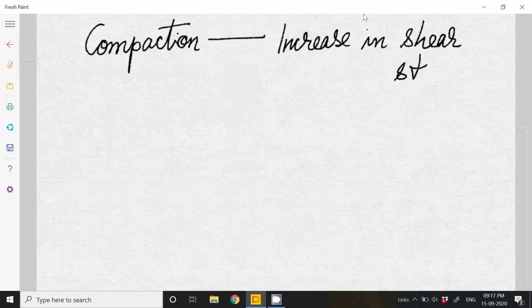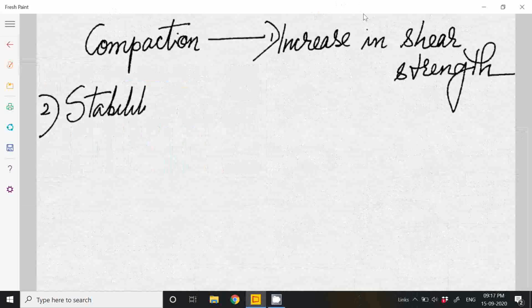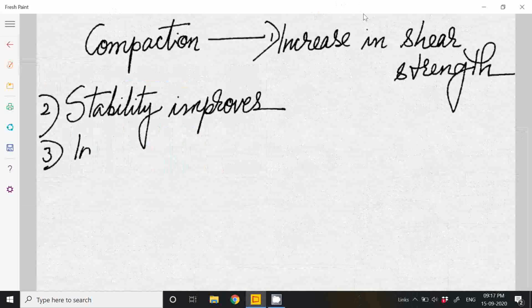Number two, it improves the stability and bearing capacity.